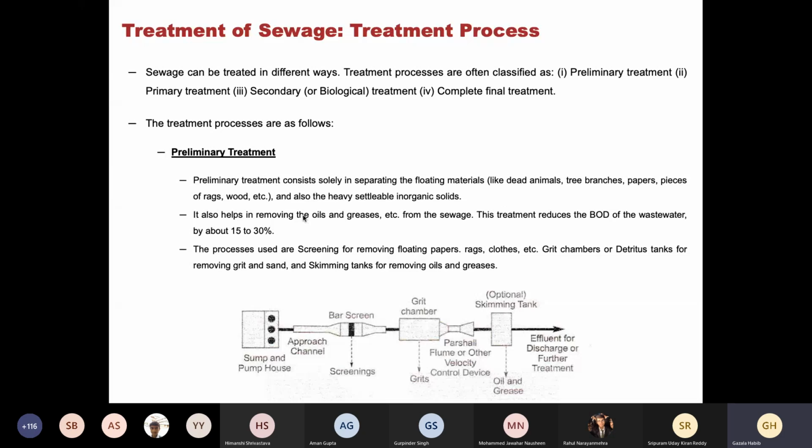Now, there is another way to categorize this treatment, as I told you earlier: preliminary treatment, primary treatment, secondary treatment and tertiary treatment.